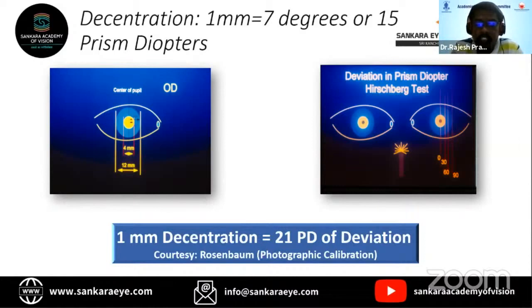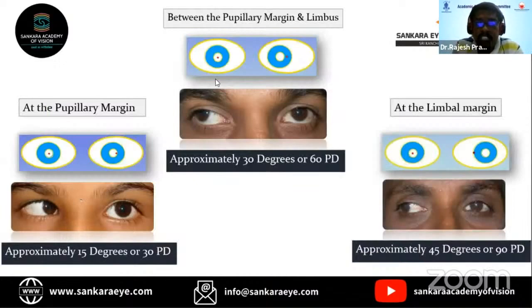But Rosenbaum, after photographic calibration studies, came to the conclusion that 1 millimeter of decentration corresponds to 21 prism diopters of deviation. But normally I follow this nomogram of 1 millimeter of displacement equivalent to 7 degrees for most of the cases. So this is just an example where the Hirschberg light reflex can be interpreted.